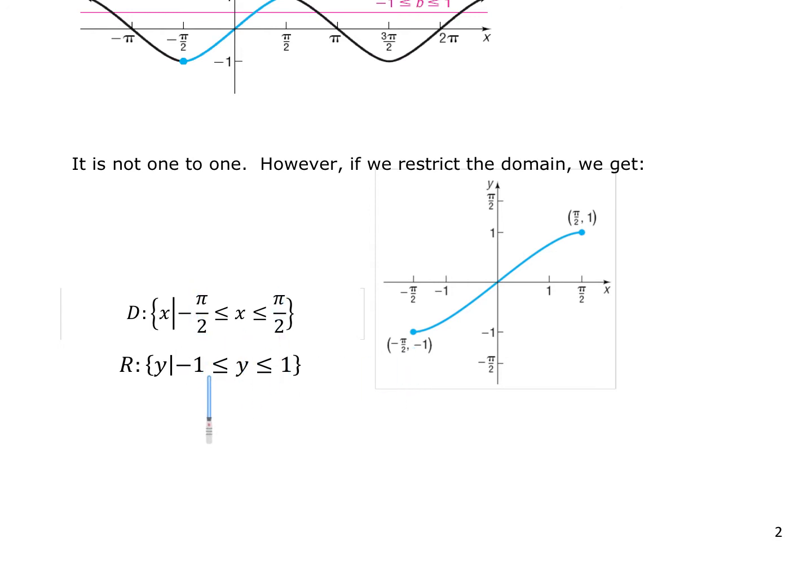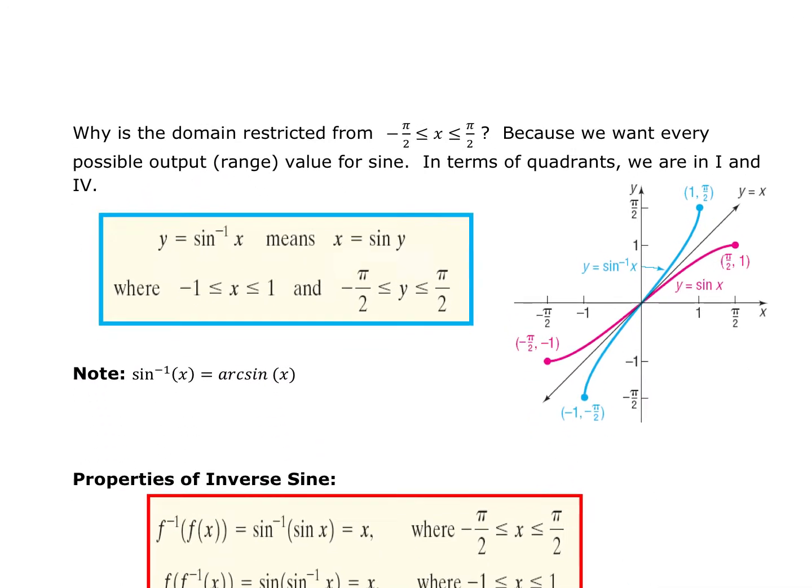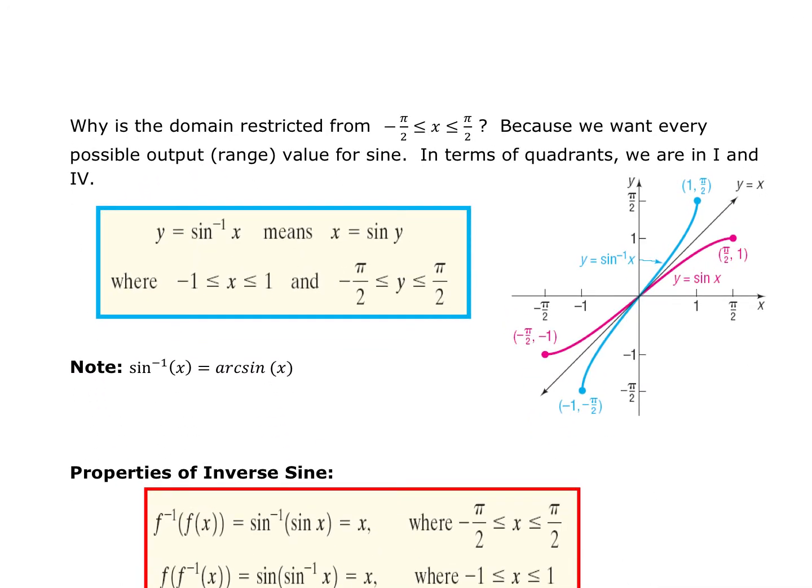My range is still everything for the sine, so -1 to 1. That's my range, my y values. And now I can find the inverse of that. You can see that my original function is the pink curve here. My inputs were angles.